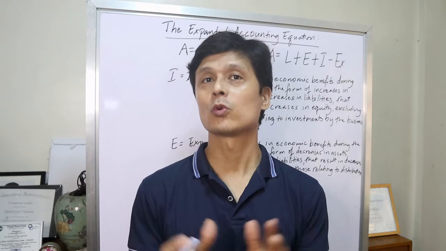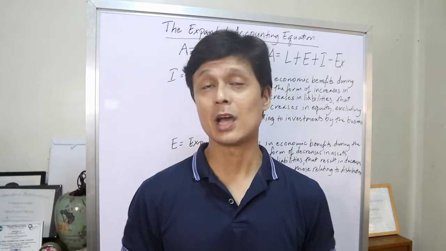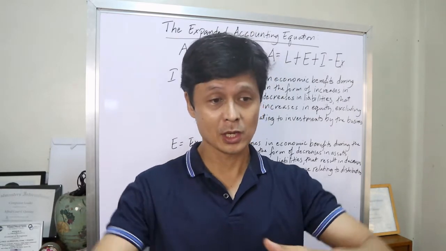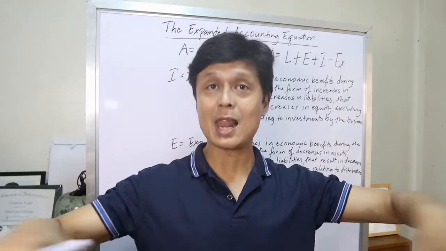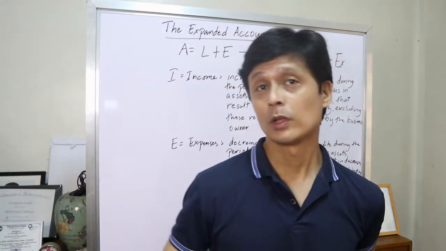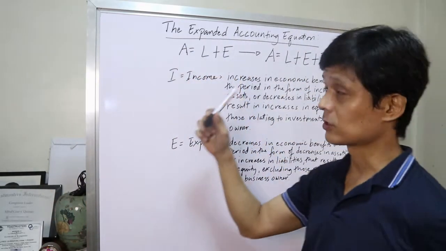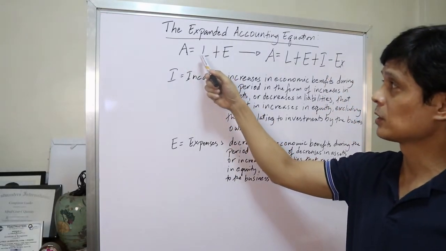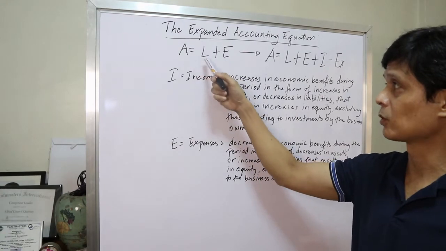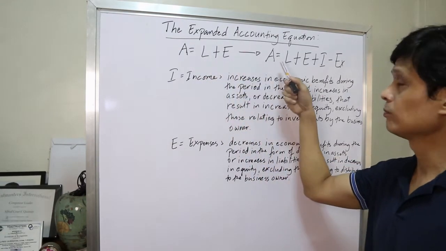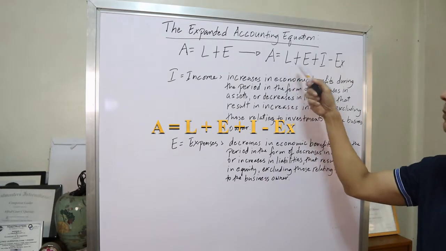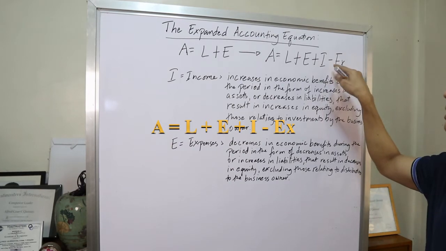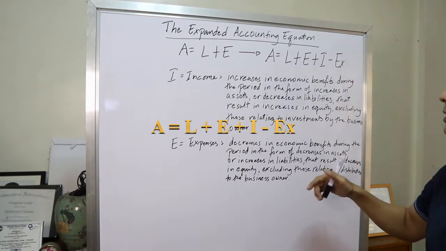This time, we're going to focus doon naman sa expanded accounting equation. Ano ba itong expanded accounting equation, or yung mas pinalawak pa na equation? So, if you take a look dito sa whiteboard, you can see that from A is equal to L plus E, or assets is equal to liability plus equity, to assets is equal to liabilities plus equity plus I less EX, or expenses.